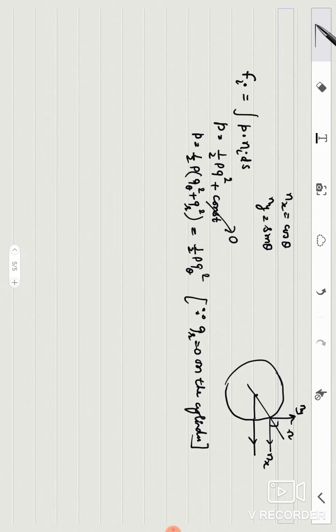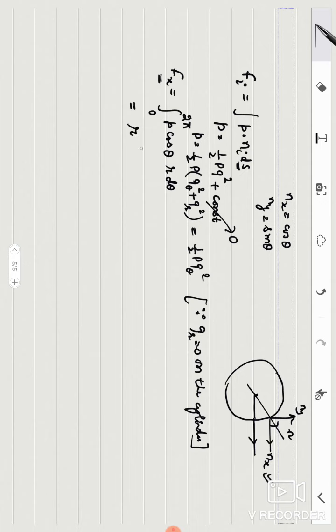Now I calculate Fx. If I am saying Fx, I simply mean its component in the x direction. Naturally nx is taken as cos theta, so it will become P cos theta ds, and in place of ds I put r d theta, with limits for theta from 0 to 2 pi.